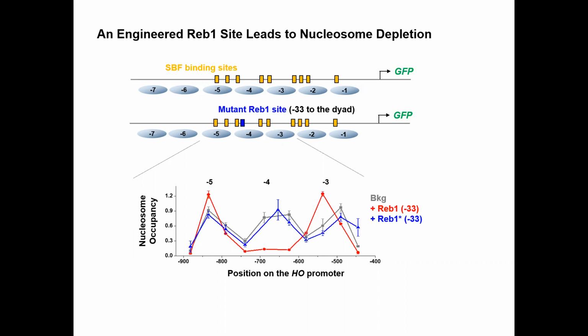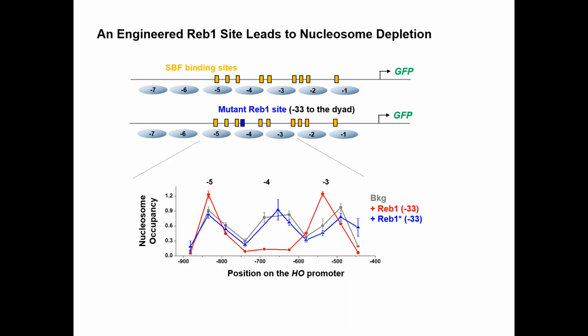But the point here is that if we didn't know that, we could use this assay to identify Reb1 as a pioneer factor. Also, remember, a nucleosome covers 147 base pairs, and the Reb1 binding site is about 10 base pairs. In this case, we put the Reb1 site at -33, meaning 33 base pairs away from the dyad, the midpoint of the nucleosome. But we don't have to put it there.